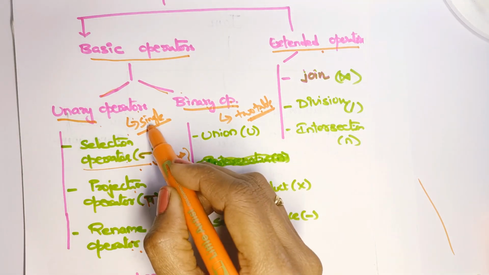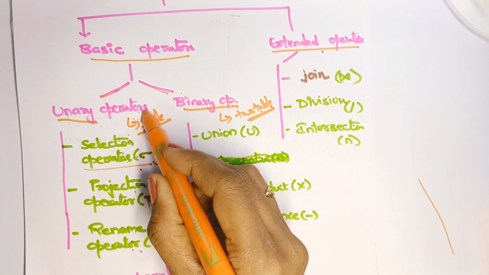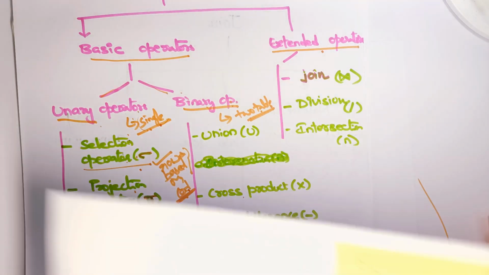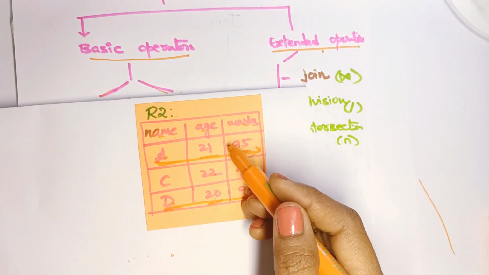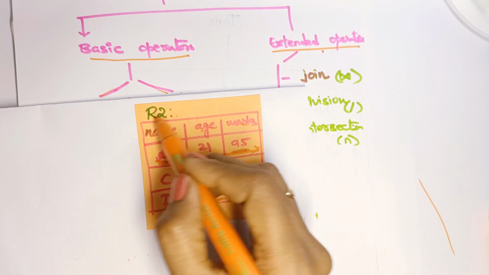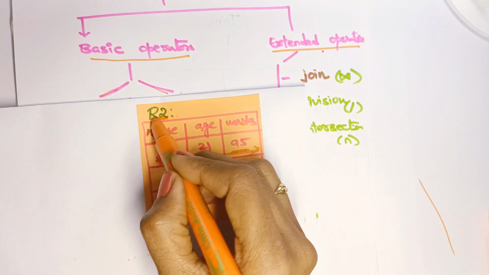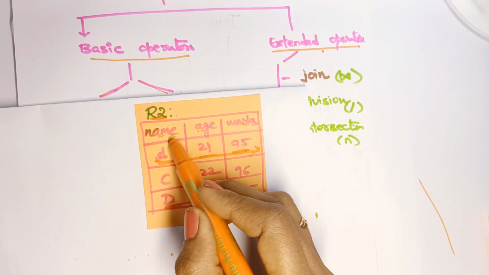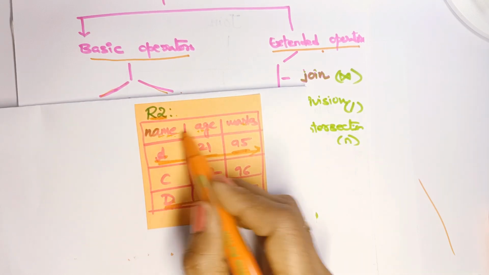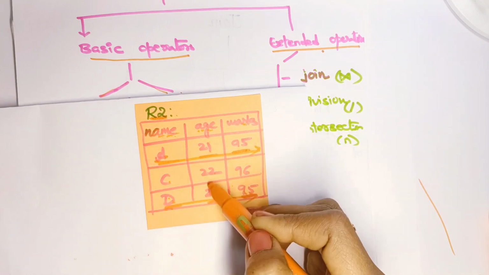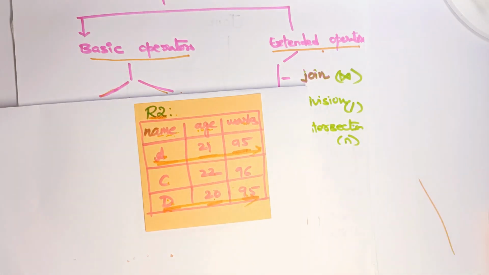As I already told you, this selection operator can be applied on a single table. So you can consider any single table. For example, I am considering a student table, and I am mentioning the table name as R2. In this one I have taken three attributes: name, age, marks. Student names A, C, D, with age and marks.